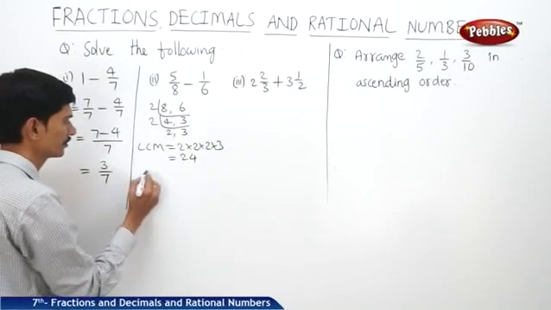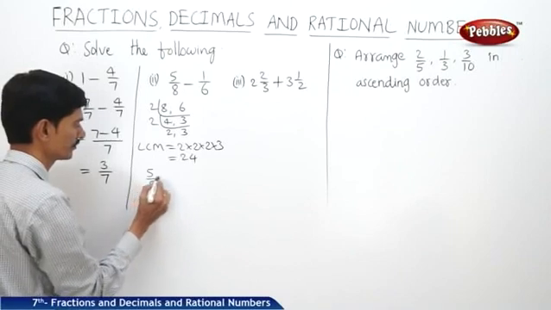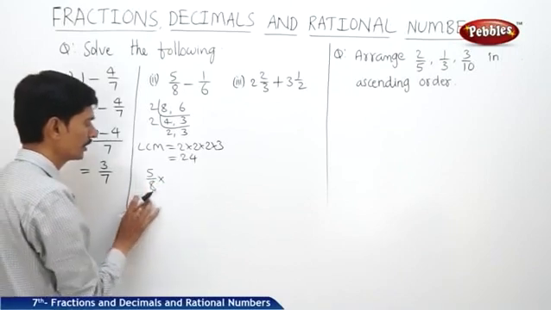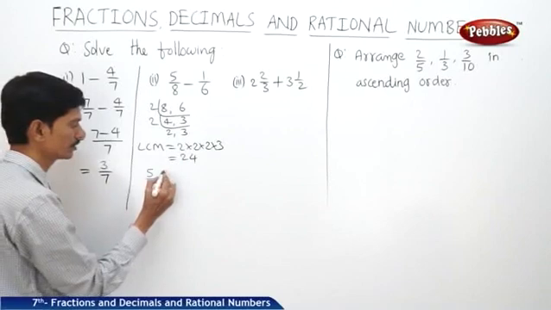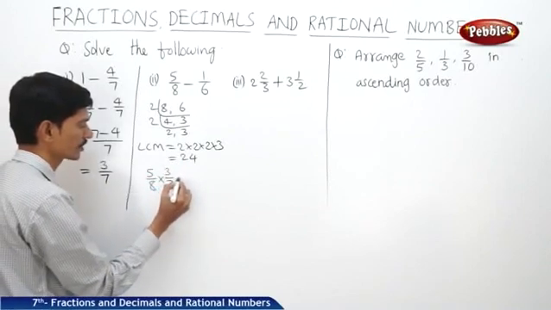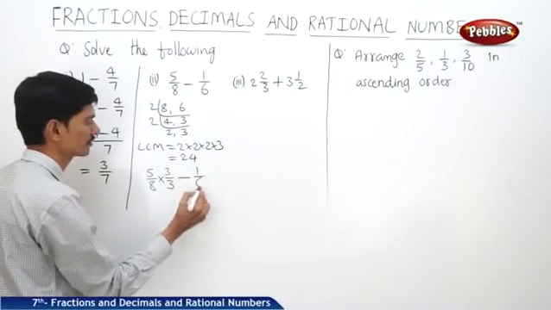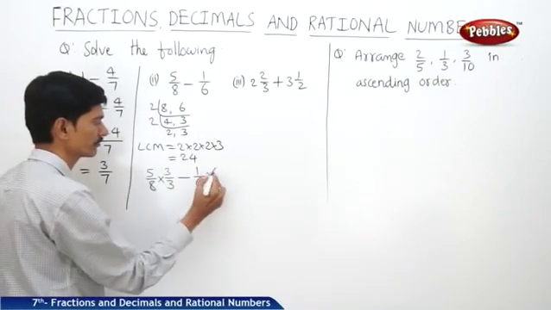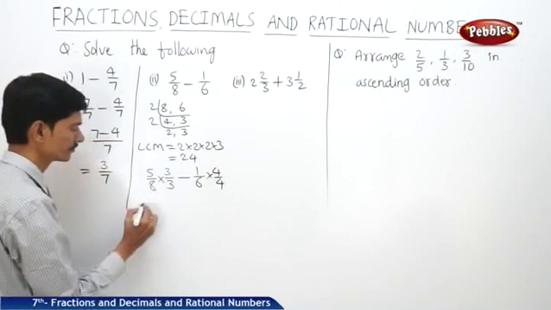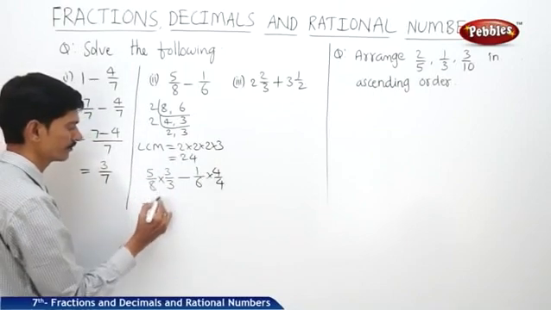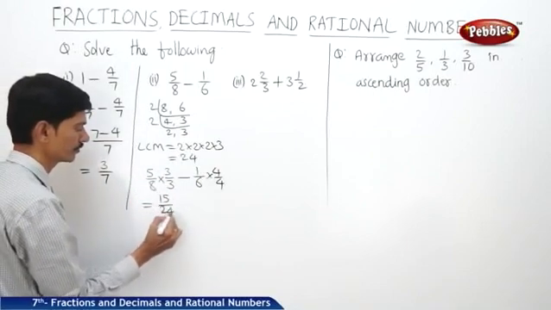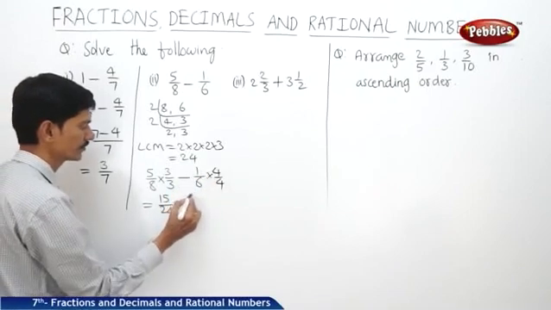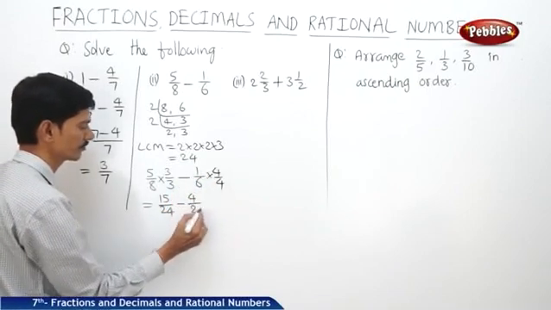Now 5 by 8 into, see the denominator 8, 3 times is 24, so we can write 3 by 3, minus 1 by 6 into, 6, 4 times is 24, so we can write 4 by 4. Now this equals 5 3s are 15 by 24 minus 1 4s are 4 by 6 4s are 24.